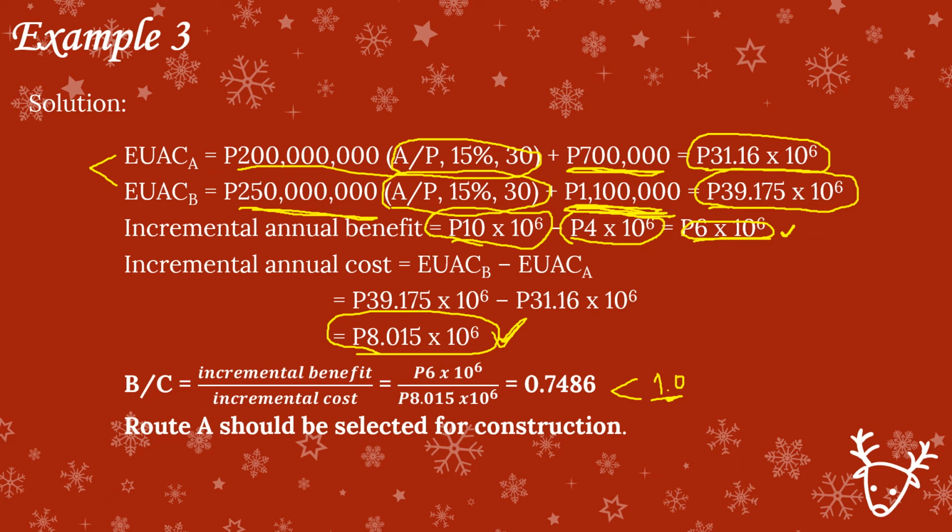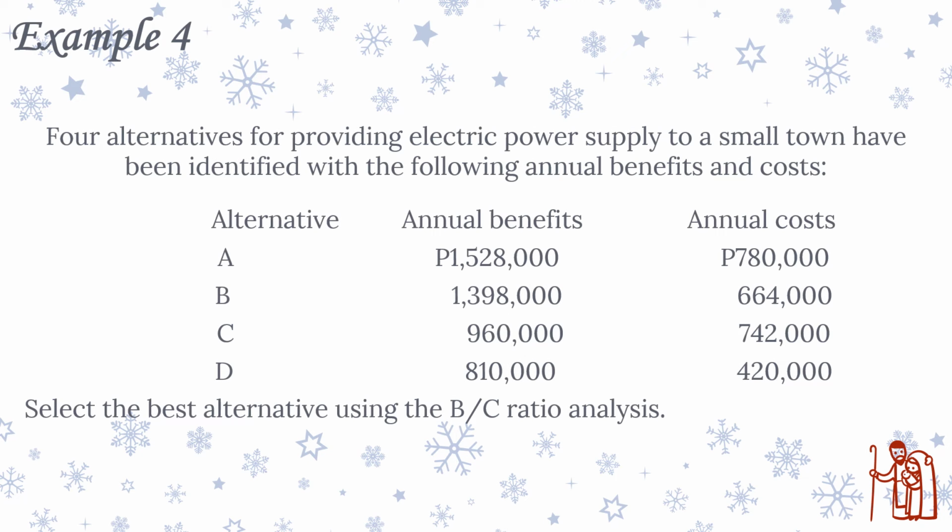So that is how it works when we apply benefit cost ratio using comparing alternatives. So we have a last example. Comparing alternatives using benefit cost ratio.